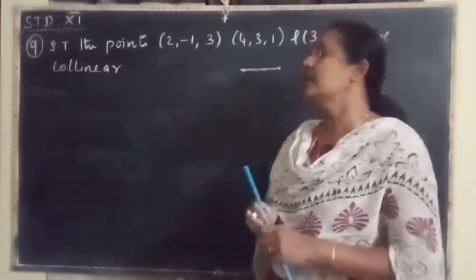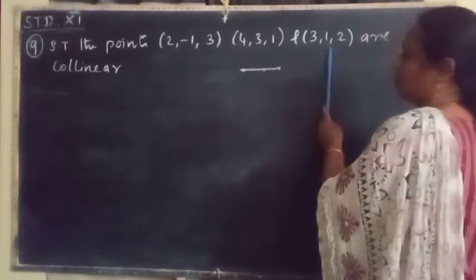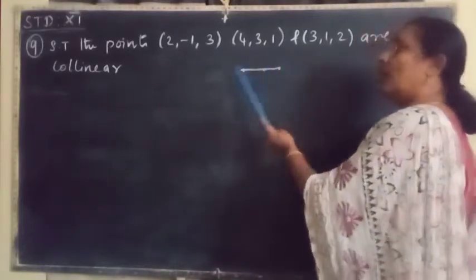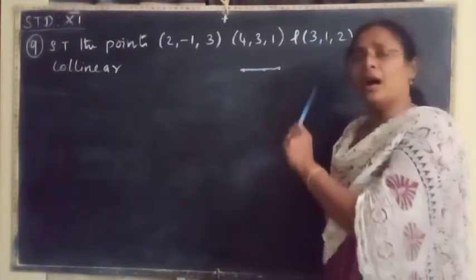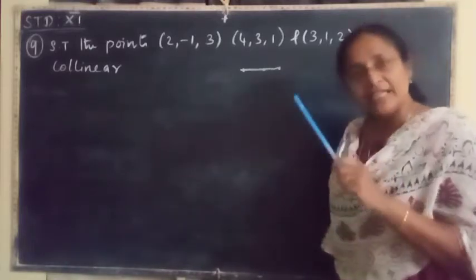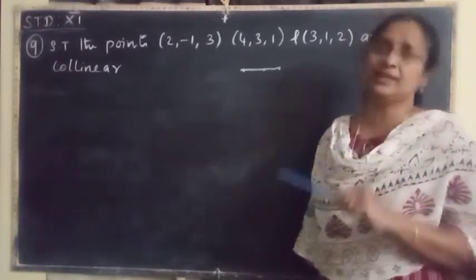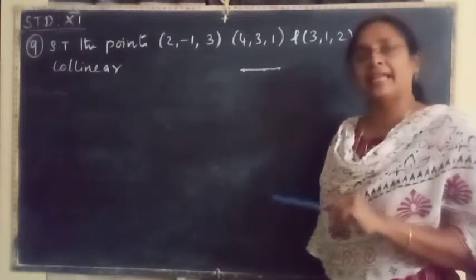Co means together. Linear means line. Is it clear, students? Okay. Now, we are going to prove that all these 3 points are lying on the same line. Okay. So how are we going to prove that they are on the same line? Using the same concept of angle between, we are going to say that they are all on the same line.